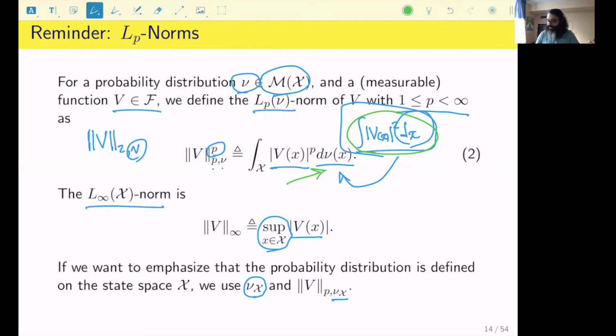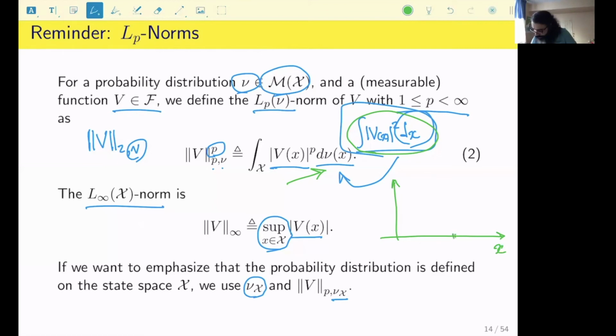Maybe another way to think about it, closer to what we do in machine learning: if this is the state space X, suppose I collect data points that are concentrated in one region.